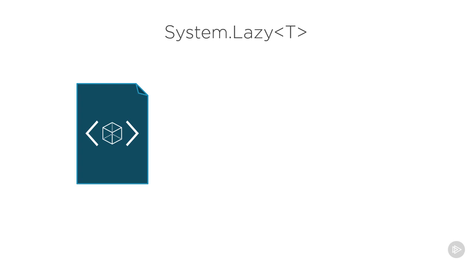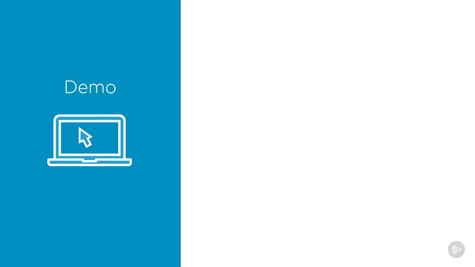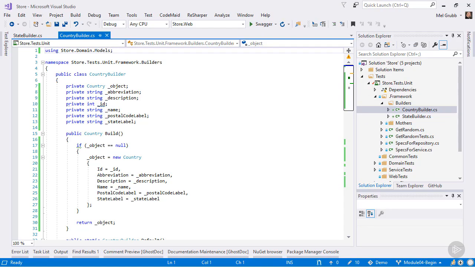When we ask the lazy instance for its value, it then executes that plan and returns the object. Up until we ask for the value, all the lazy is holding is a function. In addition to taking known values, we'll add the ability to take in a function that returns those values. This will let us defer the creation of the child objects until they're actually needed.